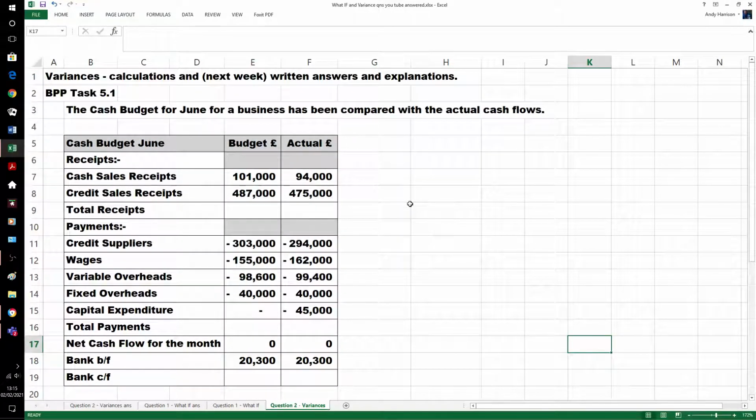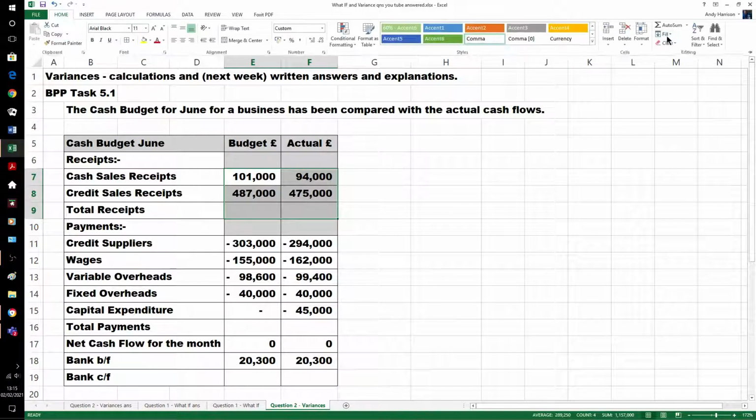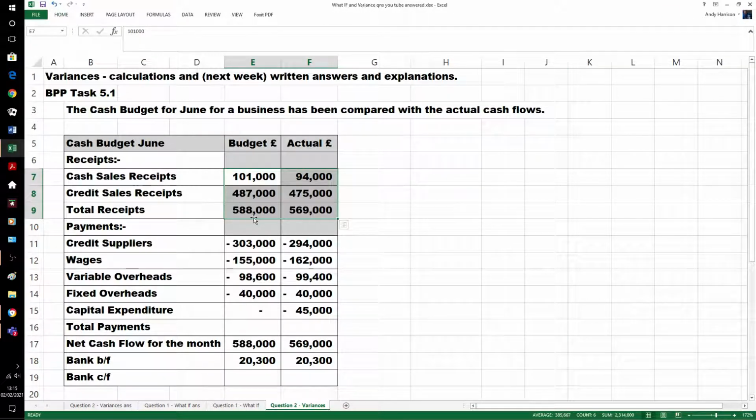So again, it's about what's happening, but this now is when we've got the actual cash flow. So this is afterwards. So just to do a bit of math first, that's our total receipts. So actually is going to be less.